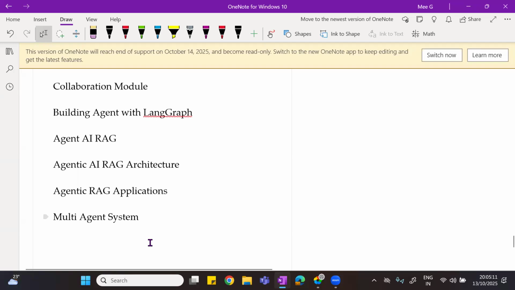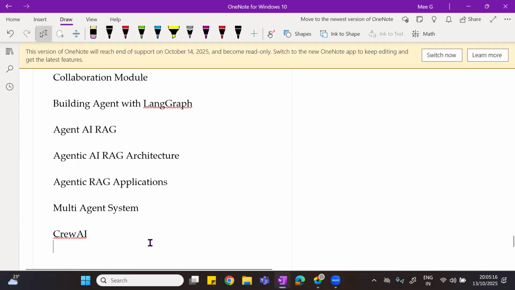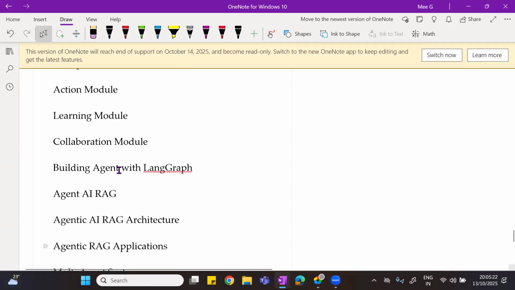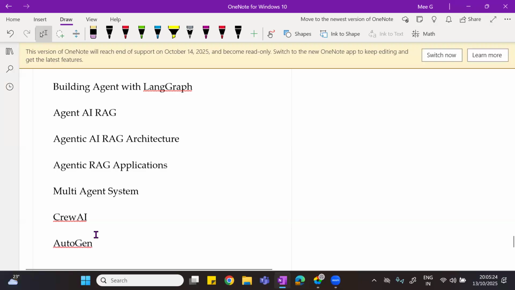Again, whatever we are going to do with LangGraph, the same thing we are going to do over here. But we will see the difference between them, how it is different. And as I was saying, we are going to deal with Langsmith.